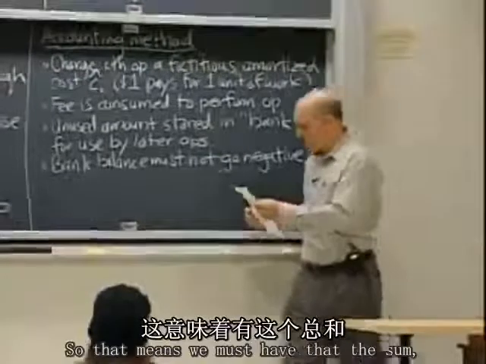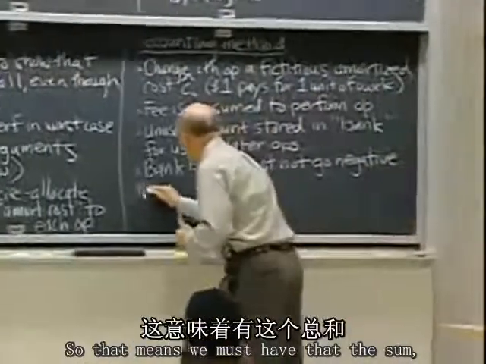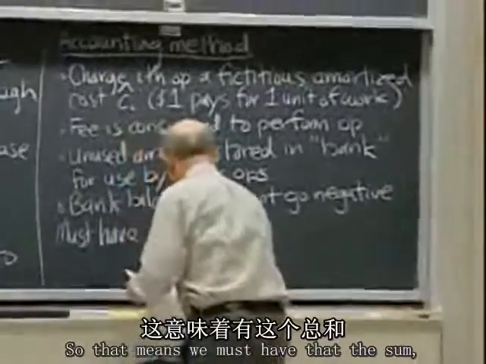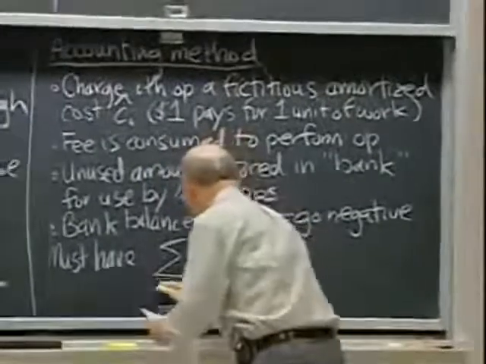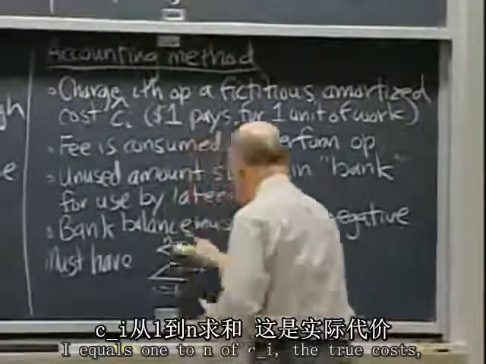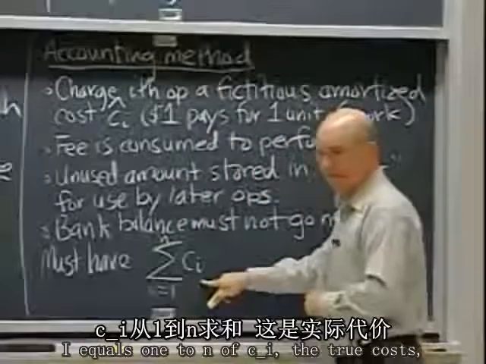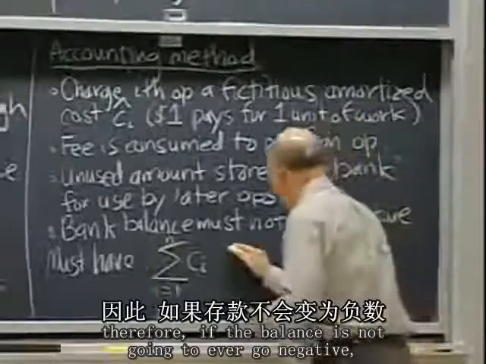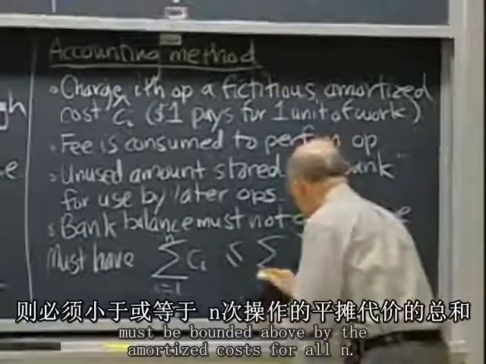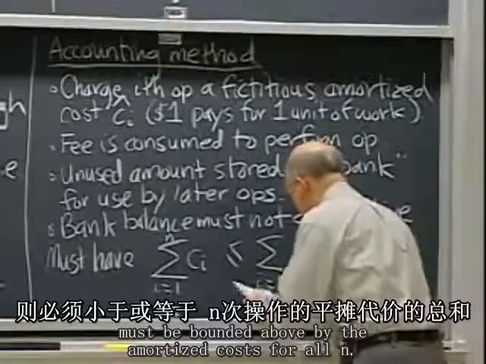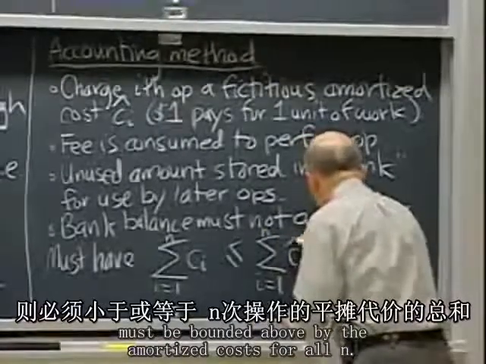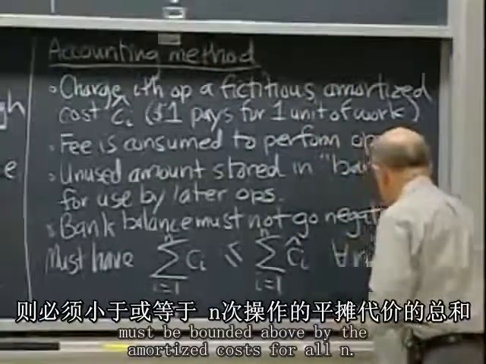So that means we must have that the sum i equals 1 to n of C sub i, the true costs, therefore, if the balance is not going to ever go negative, must be bounded above by the amortized costs for all n.